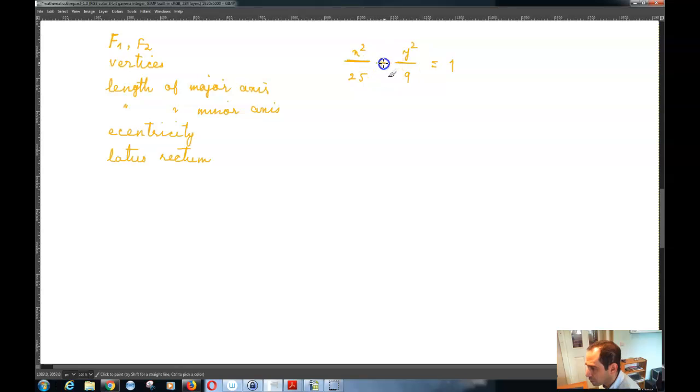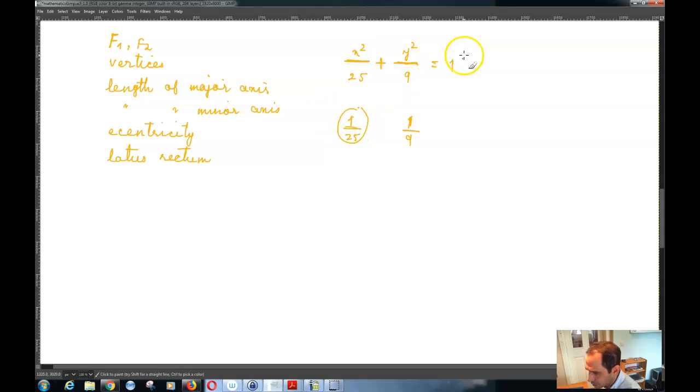Okay, so the first thing that you notice about this ellipse is that the coefficient of x squared is 1 by 25. The coefficient of y squared is 1 by 9. And as you can see, the coefficient of x squared has the larger denominator compared to the coefficient of y squared.